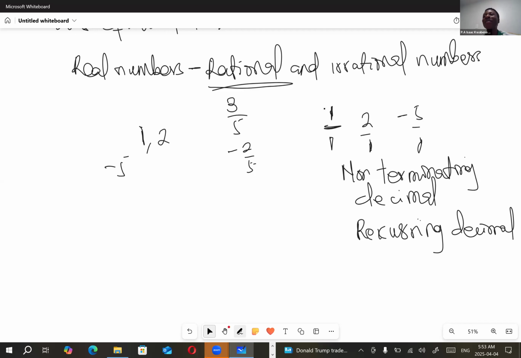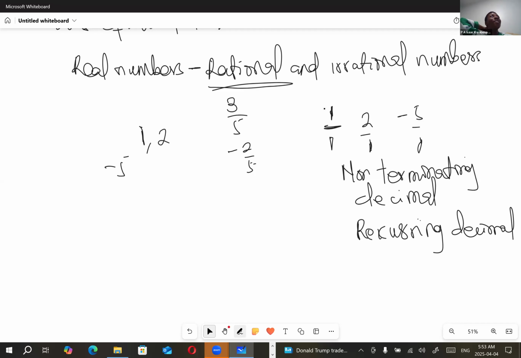An example of a non-terminating decimal is, let's say, a decimal which is 0.3333. It never ends. Some calculators, when you solve a particular question and it's non-ending, you see 333 climb to the top like that.